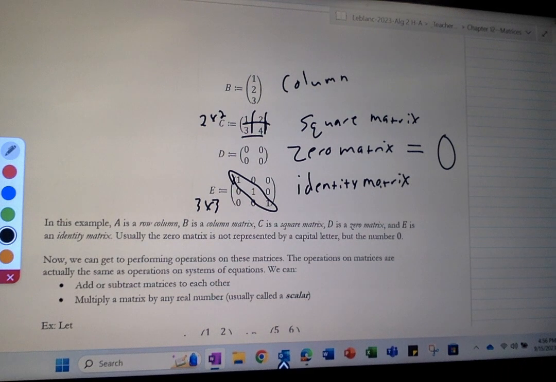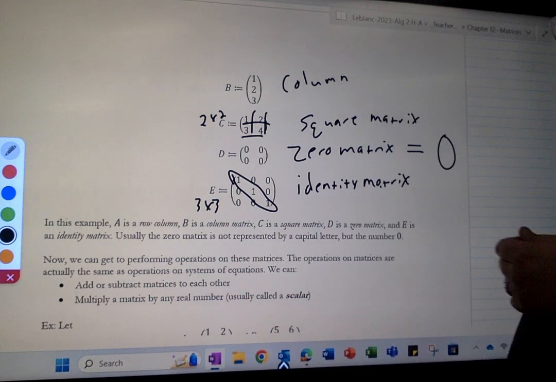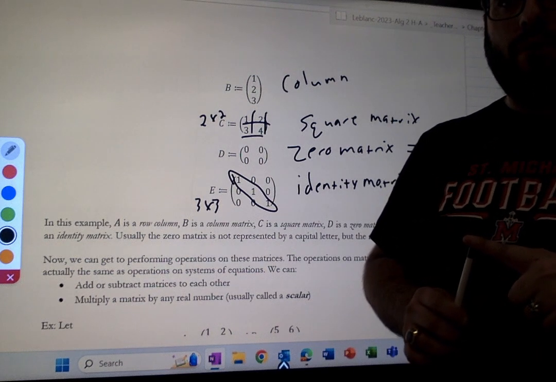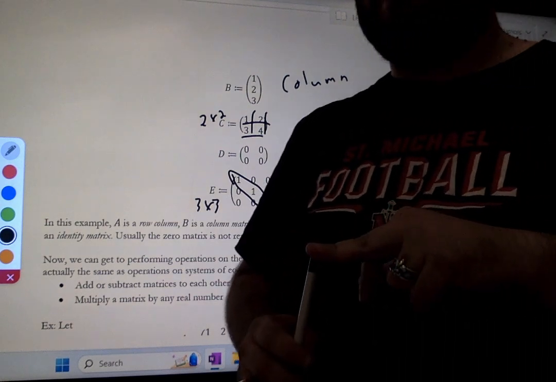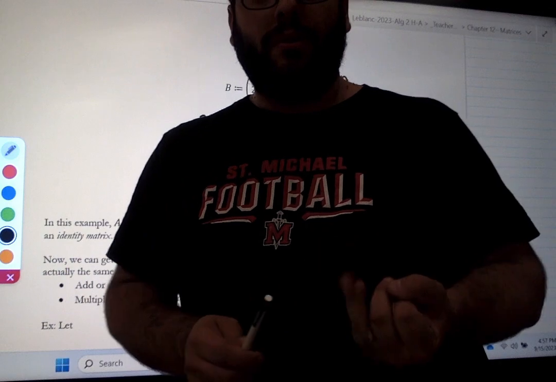There are 2 operations on matrices that are actually very similar to systems of equations that we just talked about. So remember, for systems of equations, we can change the order of any of the equations. We can add or subtract equations together, and we can also multiply by a non-zero real number.